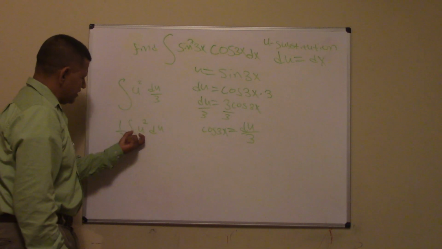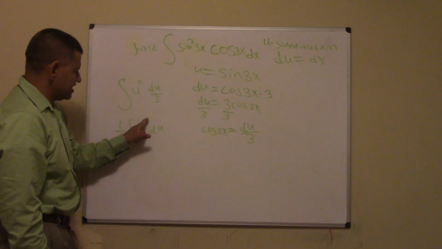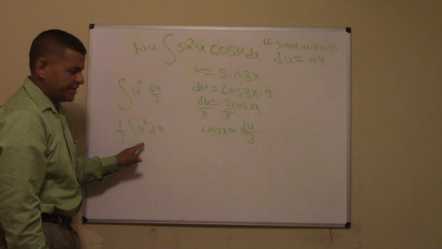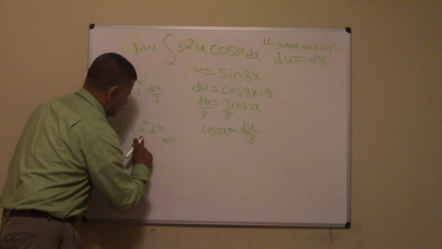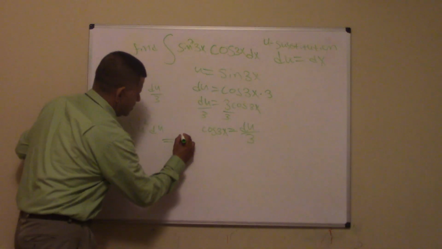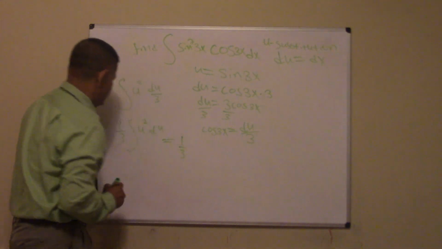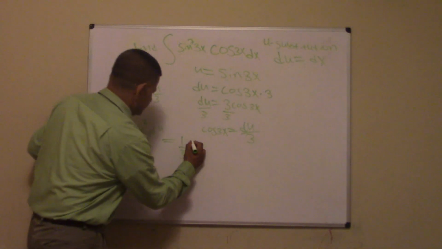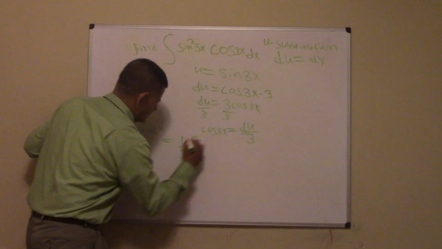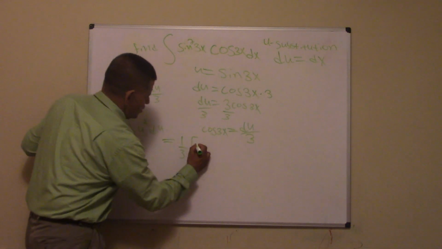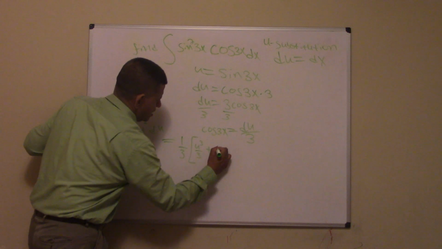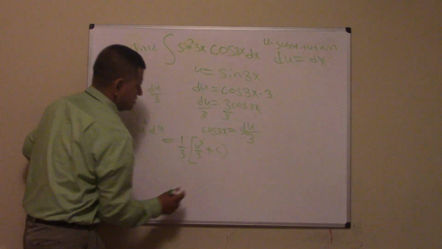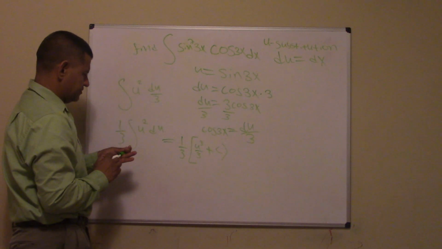Take the integral of this, okay? I add 1 to the exponent and divide by the new exponent, and this is going to be 1/3 times u cubed over 3 plus c. Okay?